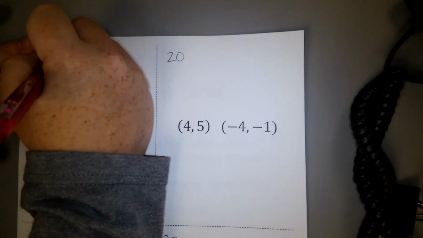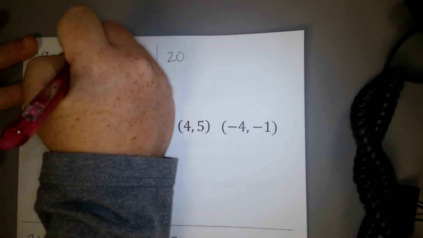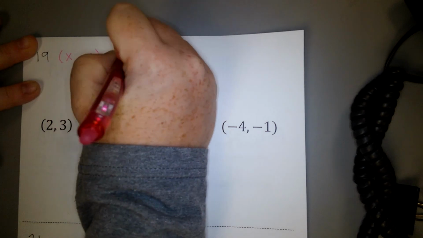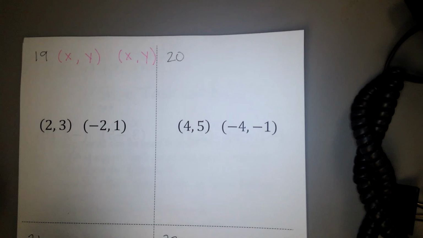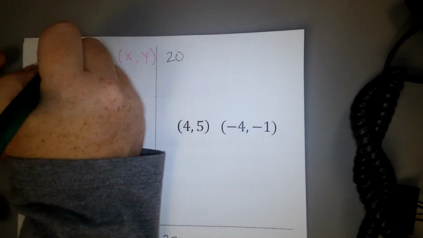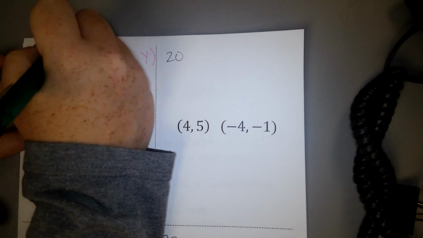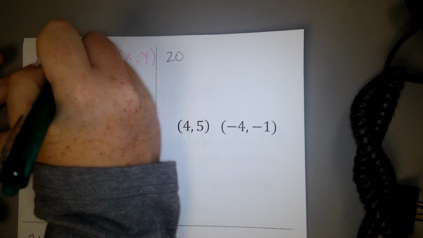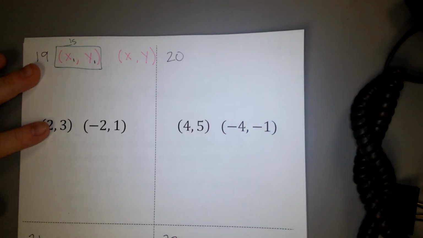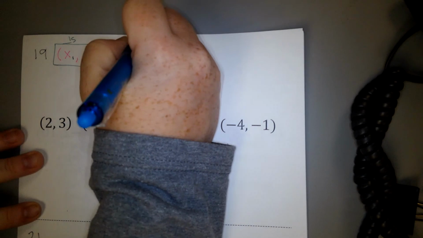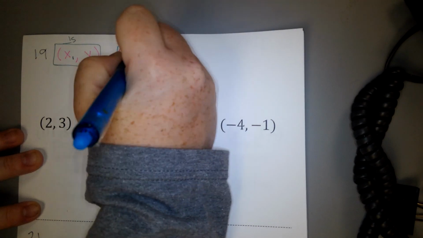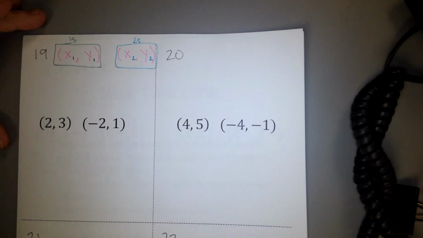And that is where you have 2 ordered pairs. You have an X and a Y, and you have an X and a Y. You will have one set that will be your ones. So like these are going to be my ones. So I'm going to label X1, Y1. And these will be my 2s. So this is X2, Y2.